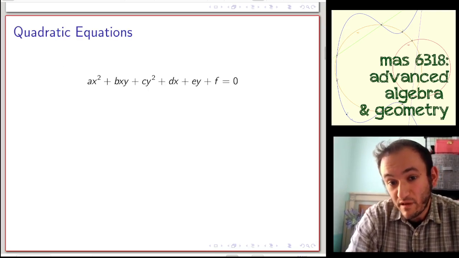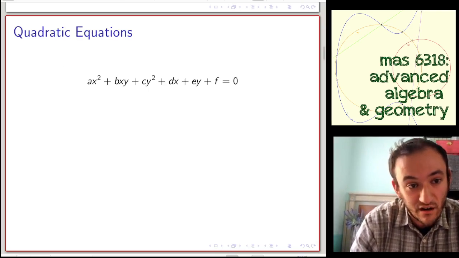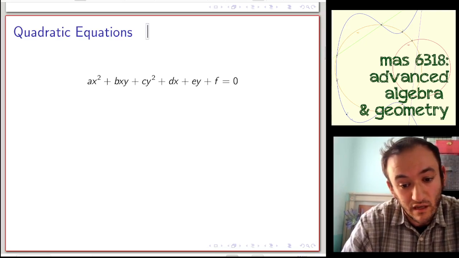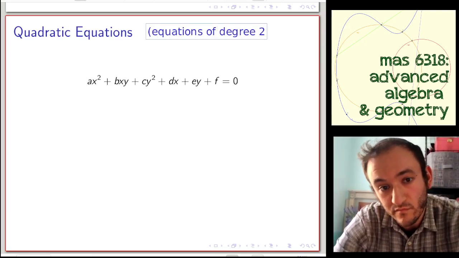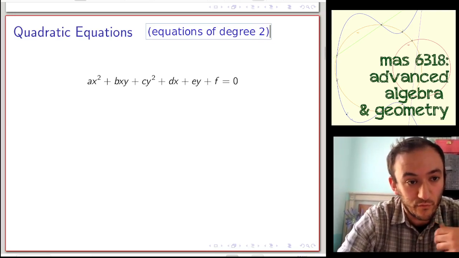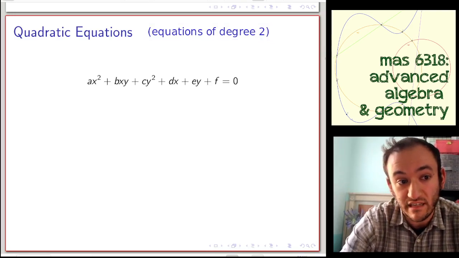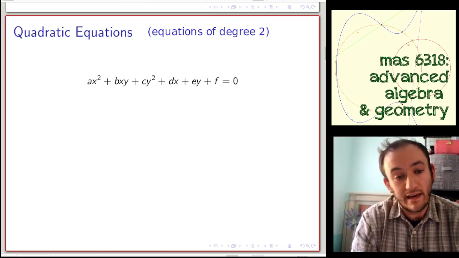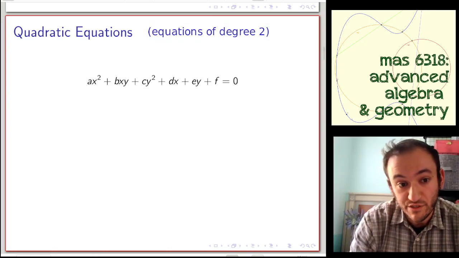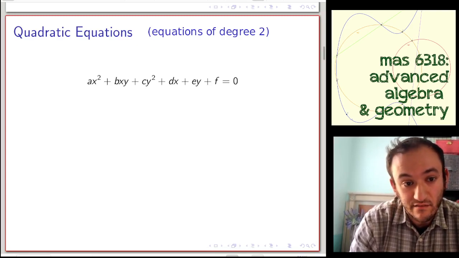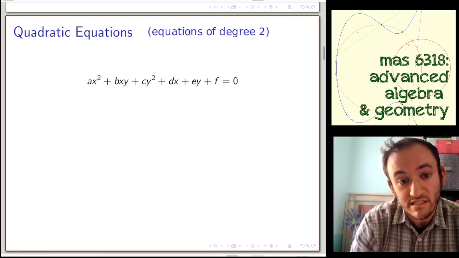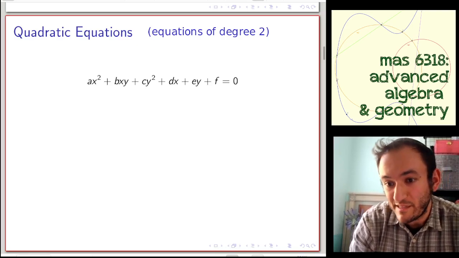So the next step up is quadratic equations, equations of degree 2. If we want to be as general as possible, taking all terms with degree 2 or 1 or 0, what we get is ax² + bxy + cy² + dx + ey + f = 0.